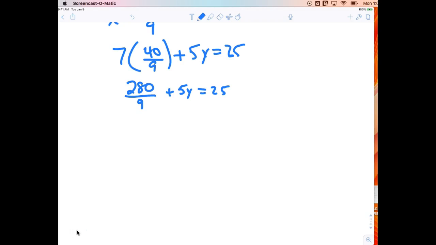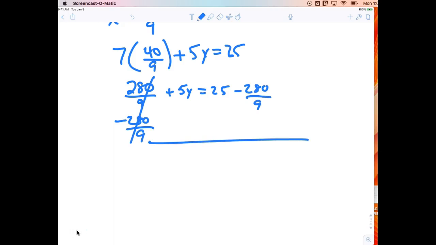Now we're going to subtract 280 over 9 from both sides. Again, on your calculator, if you needed to, you just type in 25 minus 280 over 9. And when you do that, this becomes 225 over 9.